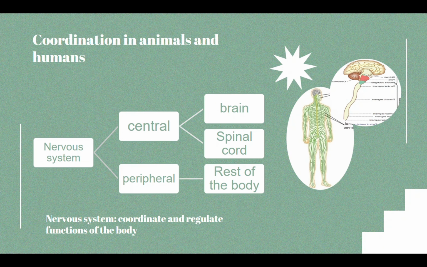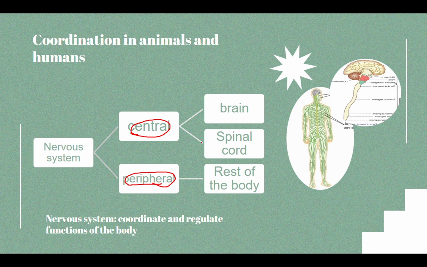Okay, so let's start with our lesson. Coordination in animals and humans. So the nervous system is the way of coordinating in animals and humans. But the nervous system is broken into two parts. We have the nervous system broken into central and peripheral nervous system.